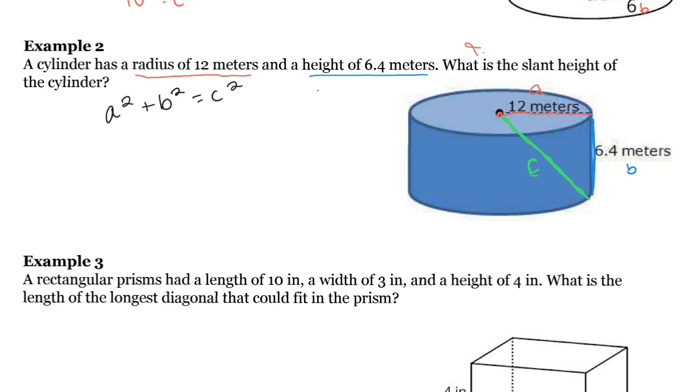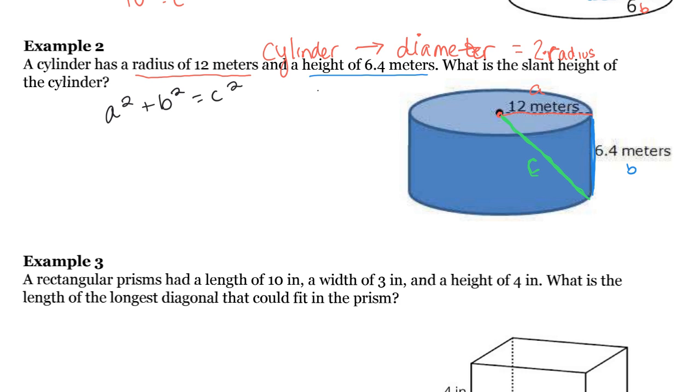But there's something special about a cylinder. We don't use the radius, we use the diameter of the shape. And the diameter is twice the radius.